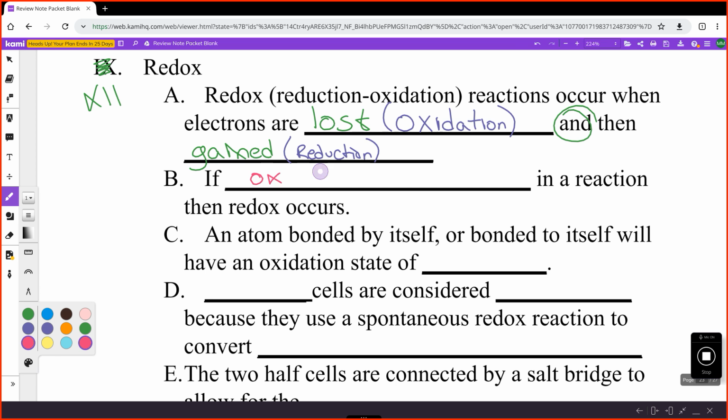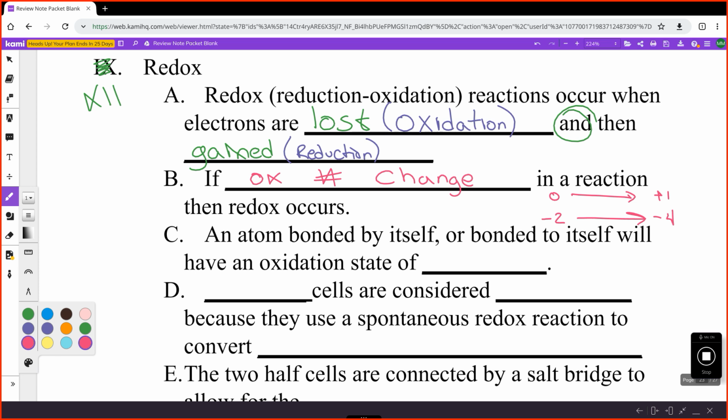And so if oxidation numbers change in any reaction, if some element goes from 0 and then it becomes a +1, or if something goes from a -2 and it turns into a -4, these indicate an oxidation number change, and therefore we know redox has occurred. We know oxidation and/or reduction have occurred, depending on if we're looking at half reaction or full reaction. That's why I said or.